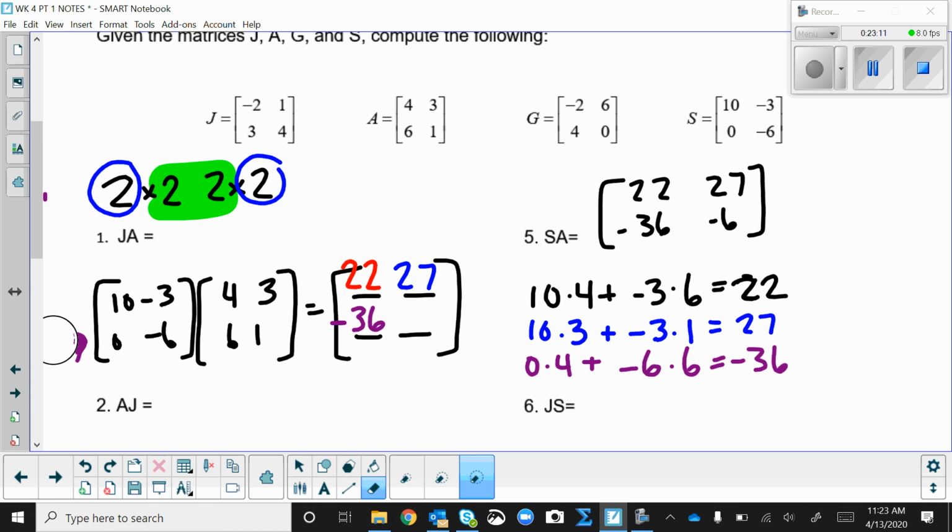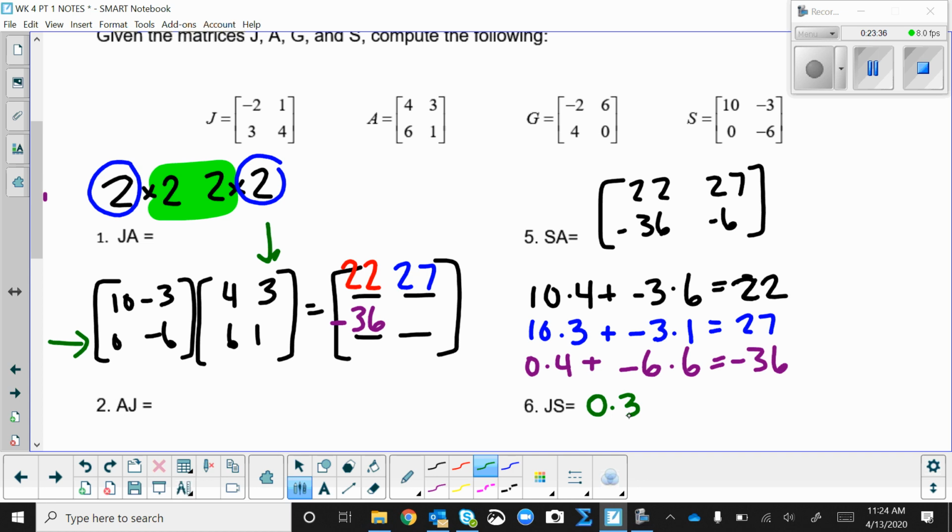And then let's do the last spot. Row 2, column 2. So the first entry in row 2 is 0. And the first entry in column 2 is 3.